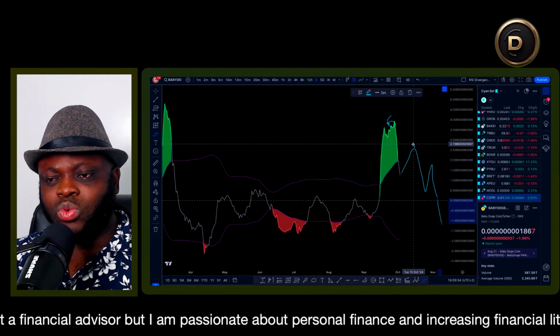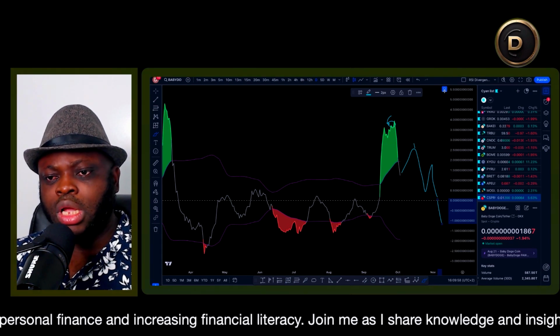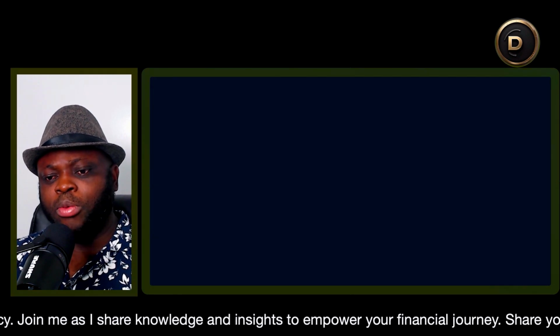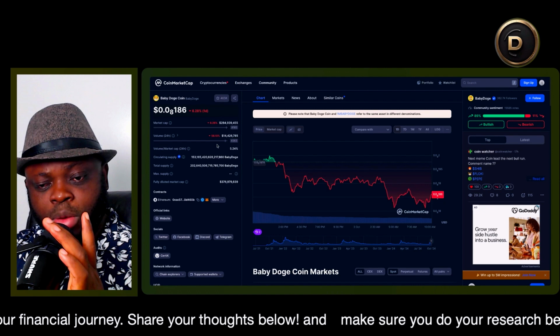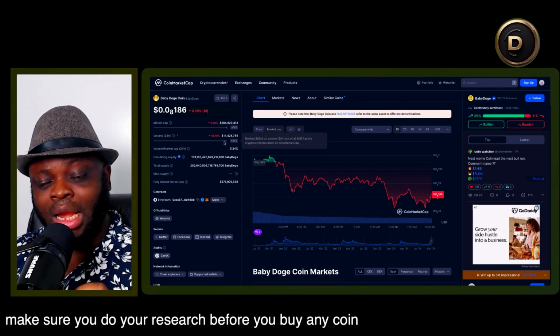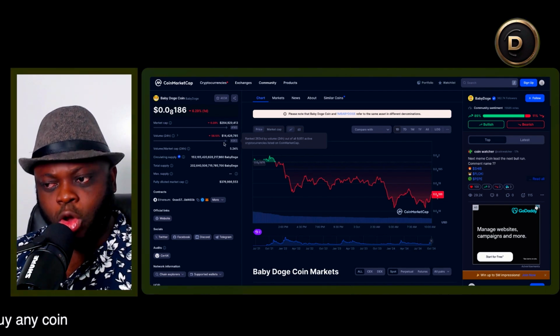So let's just expect that Baby Dogecoin is gonna hold, and investors are gonna come on board because the volume keeps reducing. You can see the volume has dropped 56%, which is huge. We are now at 14 million from 100 million, and so this is concerning.